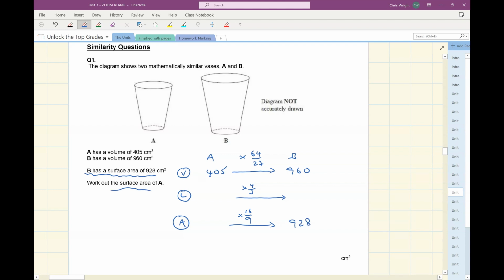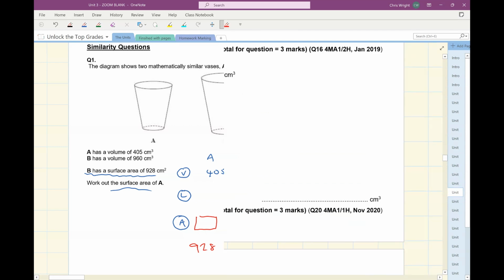Work out the surface area of A. So I need to know the surface area of A. So 928 divided by 16 over 9. That's going to give me an answer of 522 square centimetres.